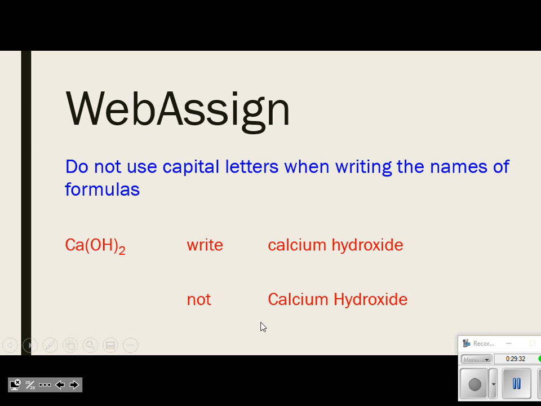WebAssign counts those wrong. I have told you. I've said it 3 times. Here's the 4th. Do not use capital letters when writing the names of formulas. WebAssign will count it wrong. Okay? I'm not going to feel bad when you come up and say WebAssign counted this wrong and I think it's right. And I said, nope, you used capital letters. I told you not to. All right? So do not use capital letters.